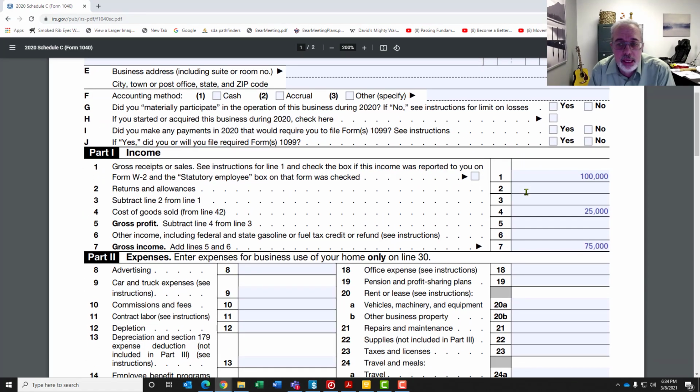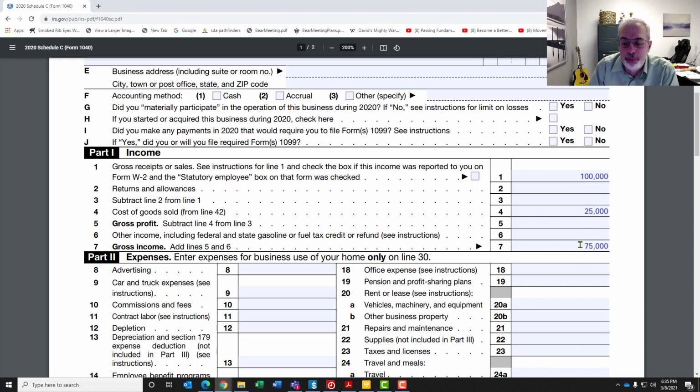So what that would be is that would be your gross receipts, 100,000. I'll fill this out real simple, less your cost of goods sold. So for instance, if you are a builder, this would be the cost of your materials. If you're a retailer, you know that's the stuff that you're buying to resell. If you're a business that is more service-based and you don't have a cost of goods sold, or professional, then it's going to be the same number because there won't be a cost of goods sold.